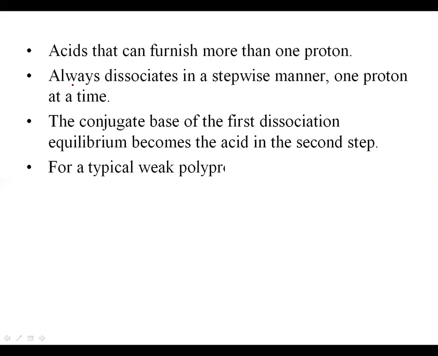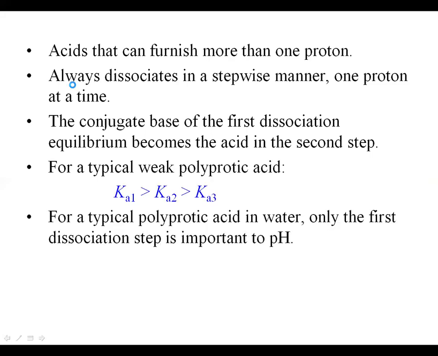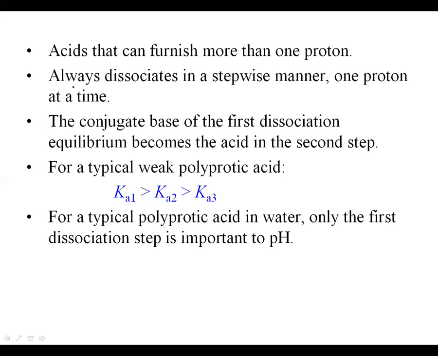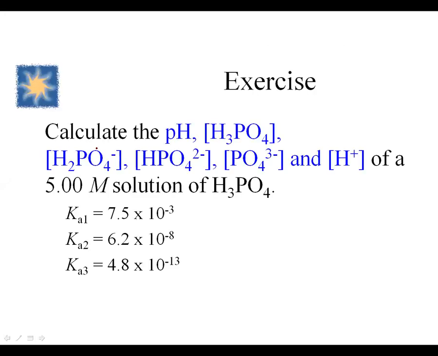Again, it does come apart in a step-by-step manner, as we talked about and saw in that table. Here we will see that the Ka1 value is usually much larger than the second one and larger than the third one as well. So we'll come back to that in just a sec. But let's take a look at a problem that involves polyprotic acids.